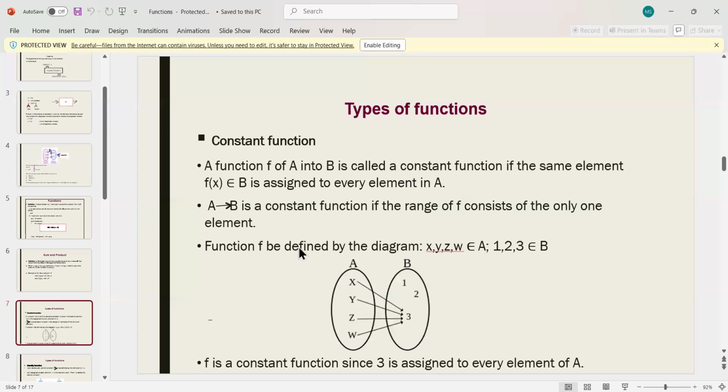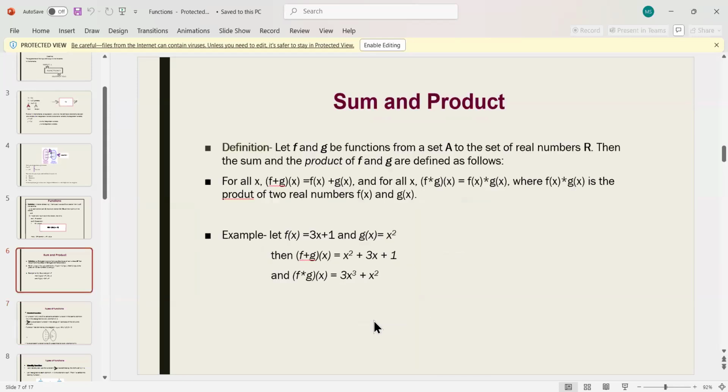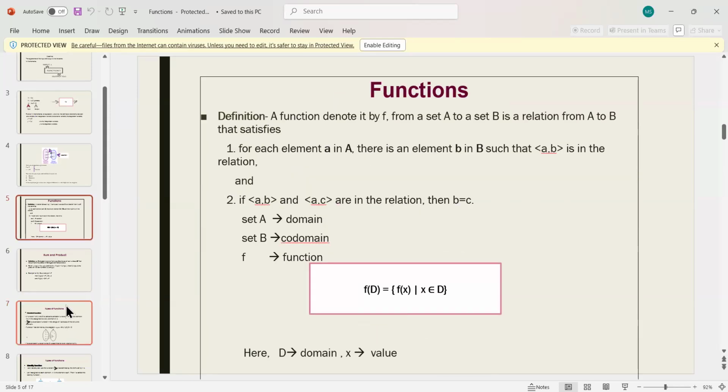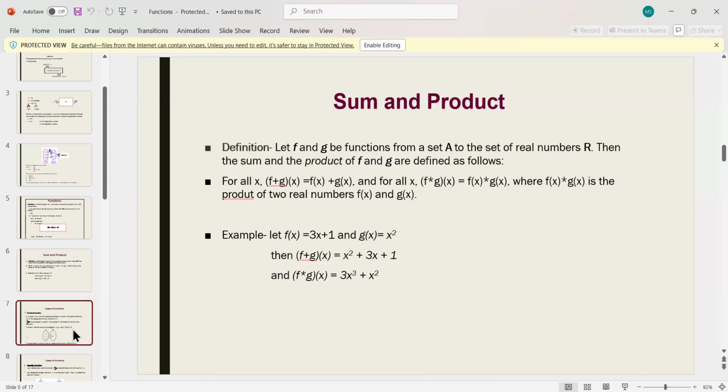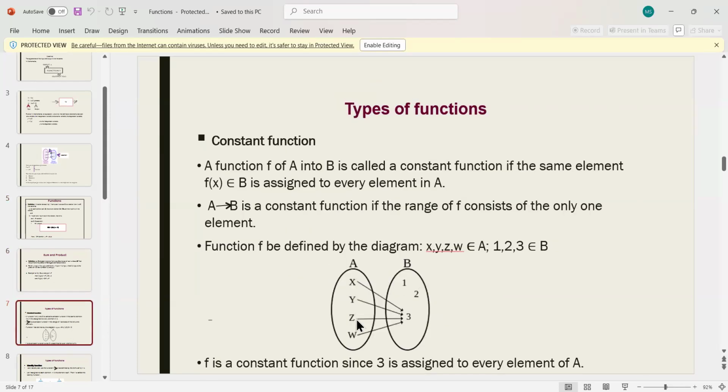Let f be defined by the diagram: x, y, z, w are members of A, and 1, 2, 3 are members of B. So in a diagram, you can put x, y, z, w and 1, 2, but now all these things go to 3. So it's known as a constant function. f is a constant function since 3 is assigned to every element of A.